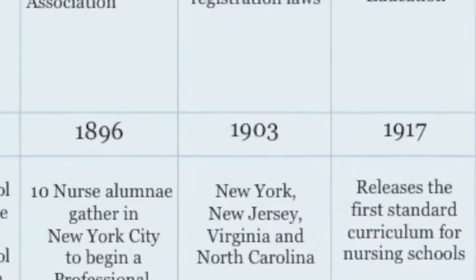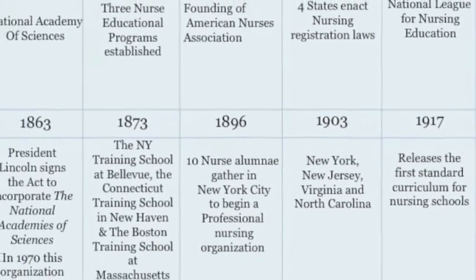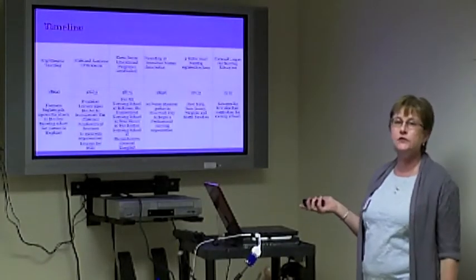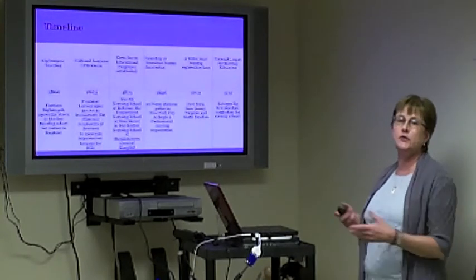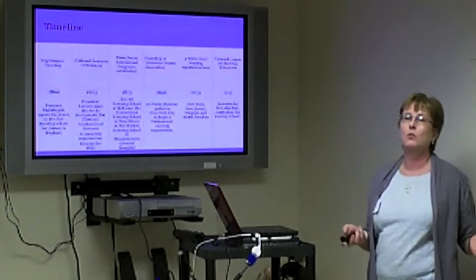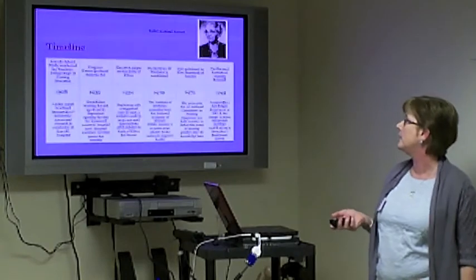And at the same time, the National League for Nursing had been founded, and they were the ones looking at, okay, we now have to make the curriculums in schools standardized, because there's a lot of variability. You could go to a school and have some training and come out being called a nurse, and it would be different from what somebody else might experience in another format.